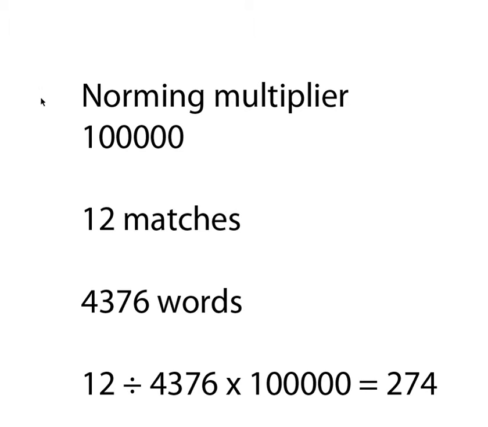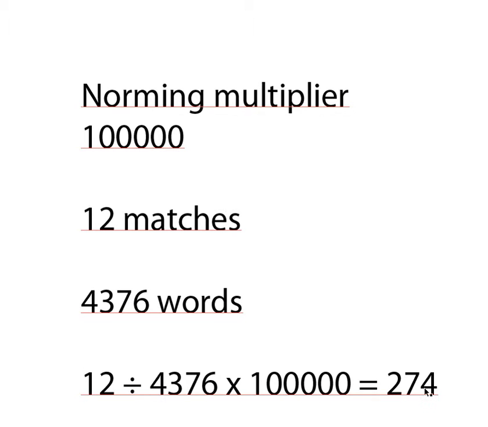However, if I were to use 100,000 as my norming multiplier, then I would get a little more precision. If you think about it, it would give me 274 instances of that match per 100,000 words.